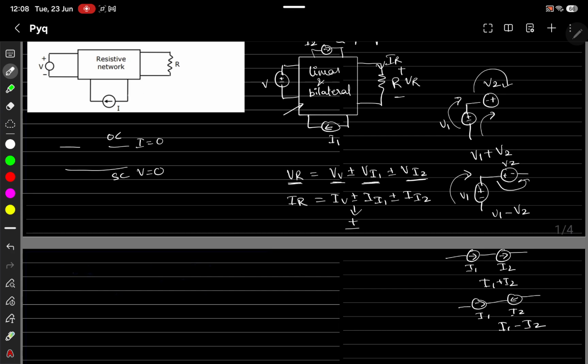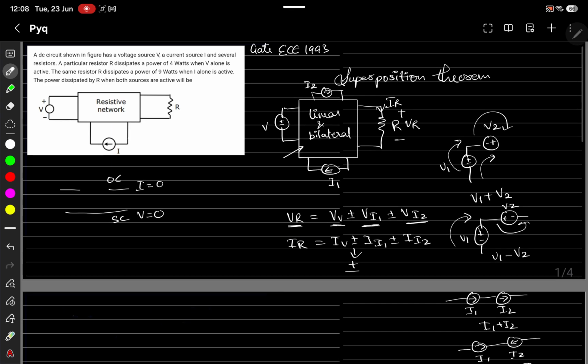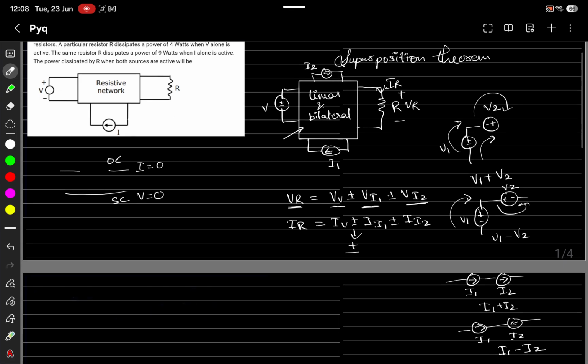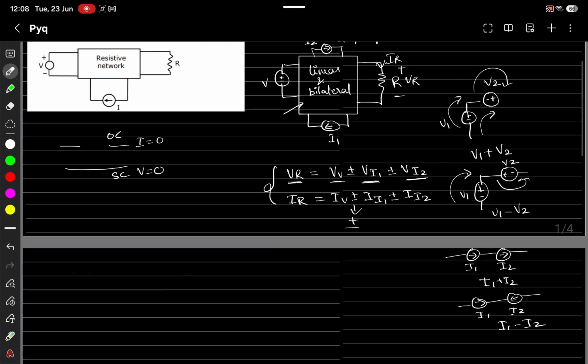Now coming to the question, they are asking about the power dissipated by resistor R, but we did not see anything related to power till now. What we have seen is about voltage and current. We are doing an algebraic sum of voltage and current because these are linear elements.